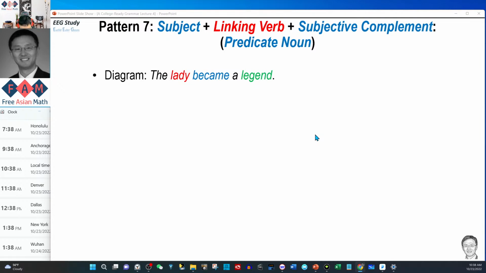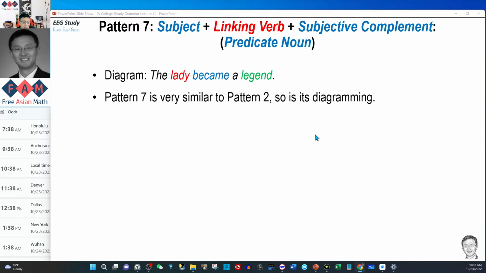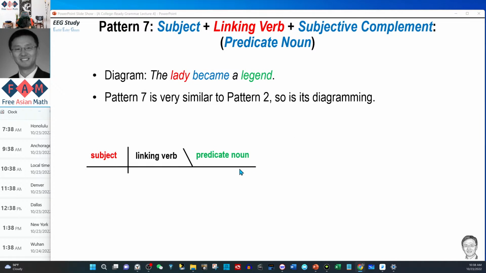So this is a variation of pattern 2. So the diagram is also almost the same as pattern 2, where we have the subject, the linking verb, the predicate noun, and the lady became a legend. If you know how to diagram pattern number 2, you should immediately know how to diagram pattern number 7 as well.